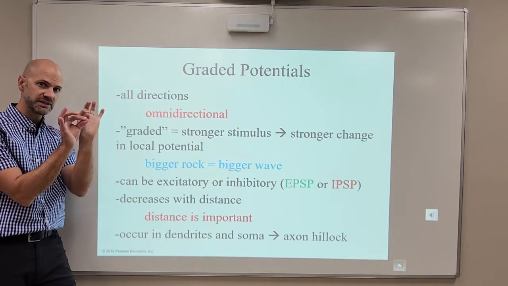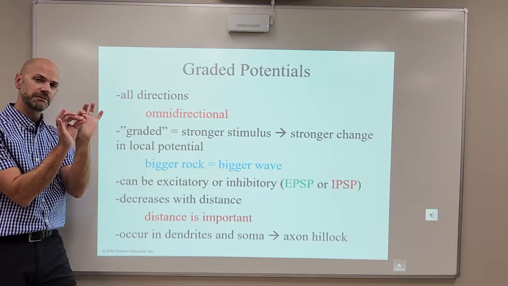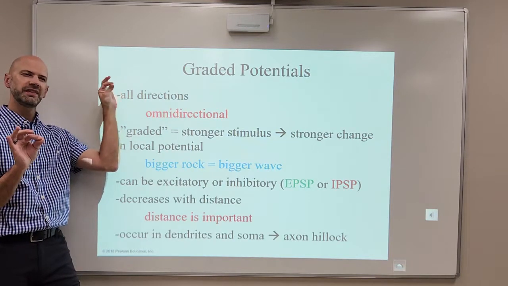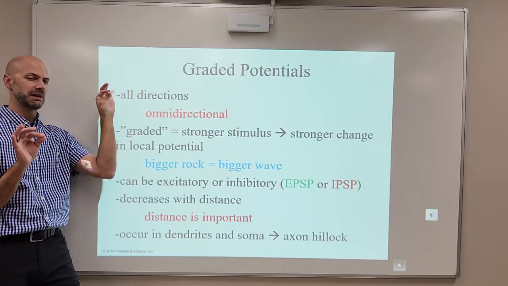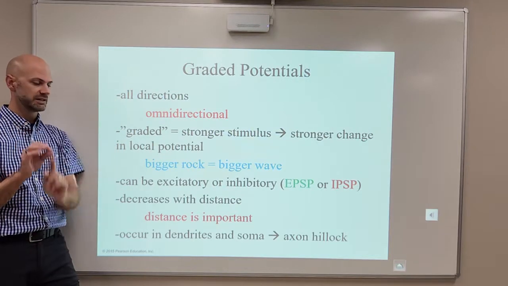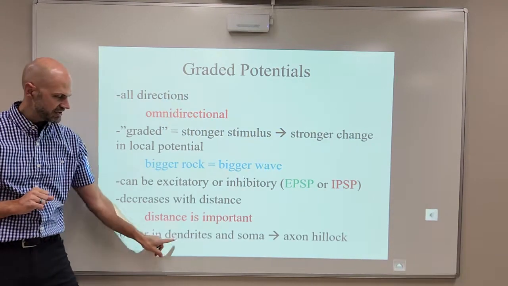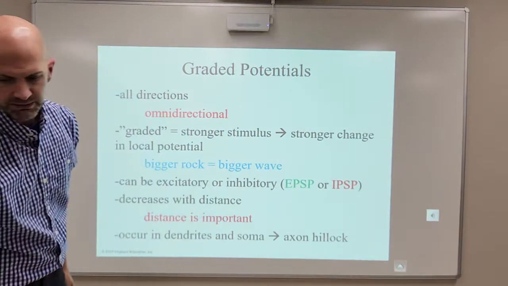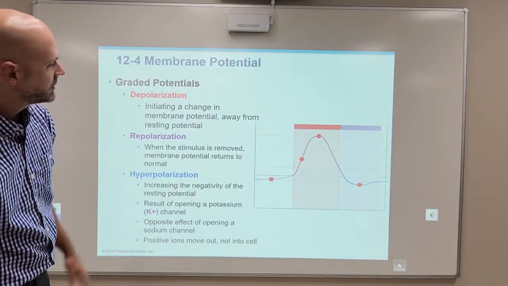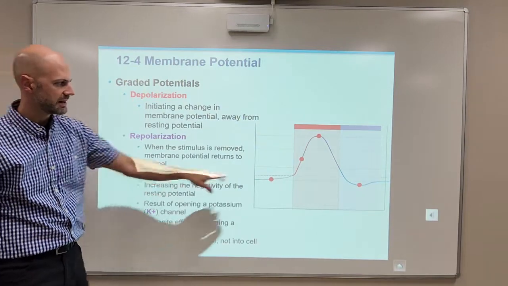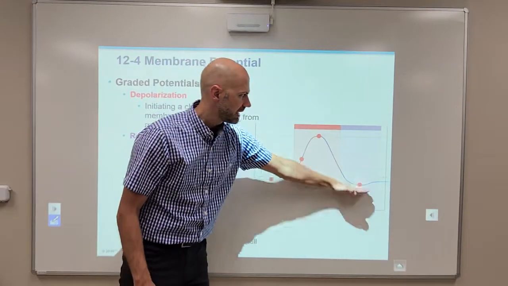If that's a short distance, that's meaningful. If you have a really long dendrite to the axon hillock, then that's unlikely to get the same response, because it has to travel a longer distance. And the location here is in the dendrites and soma, which we've already talked about. And here's the sequence of events: depolarize, repolarize, hyperpolarize, which we can see here with the graph.